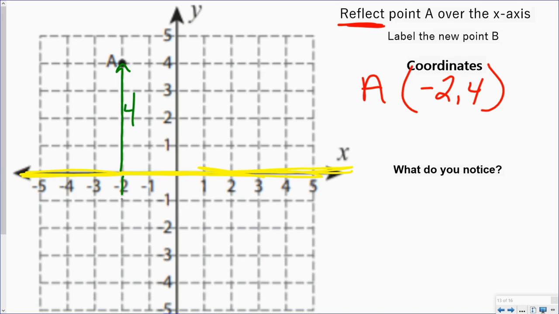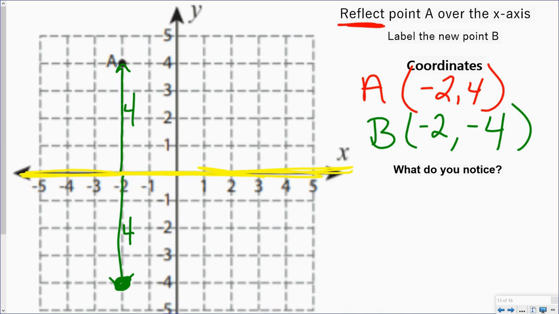So I'm going to go 4 spots the other direction, and that would put me right here. So B would be still at -2 because I didn't go right or left any, but I did go down, so it would be -4.